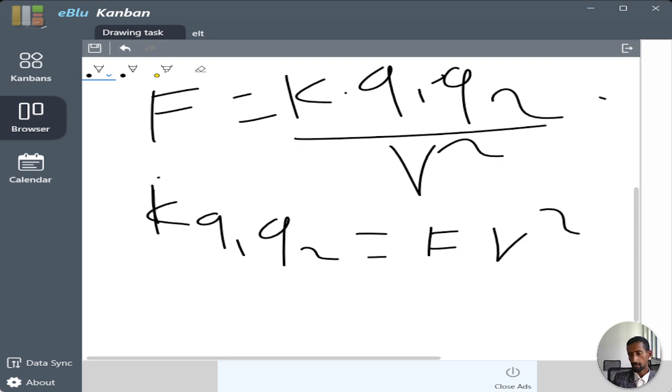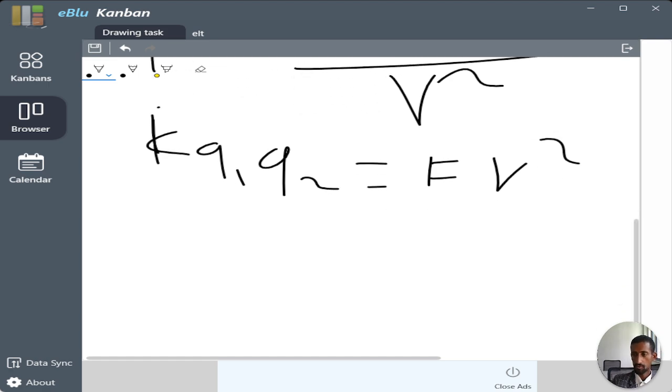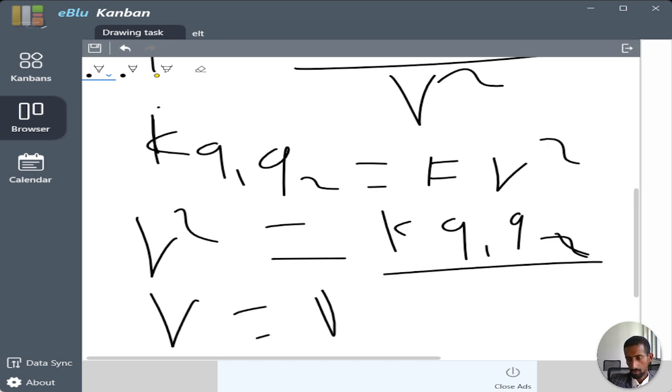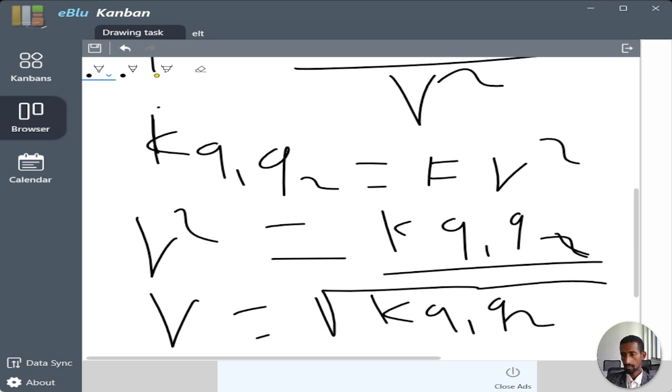So let's divide both sides by F. Rearranging, we get R square equal to K Q1 Q2 over, and R is the square root of K Q1 Q2, and we will divide by F. Here it is F. I have forgotten F. So, okay, let's correct it.